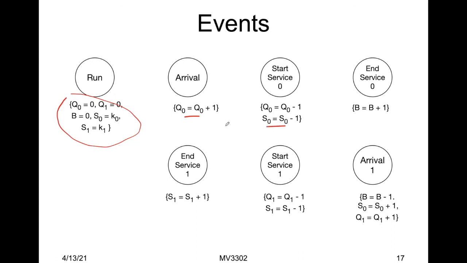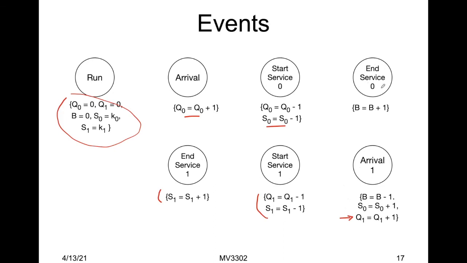When we start service, we decrement the queue and the number of available machines at the first station. And just for layout purposes, I did this kind of backwards. Let's ignore B for the time being. But when we arrive at station 1, then we're incrementing the first queue. And then once we start service, this is all familiar. So this is all part of the multiple server queue piece. But here's where the difference is.